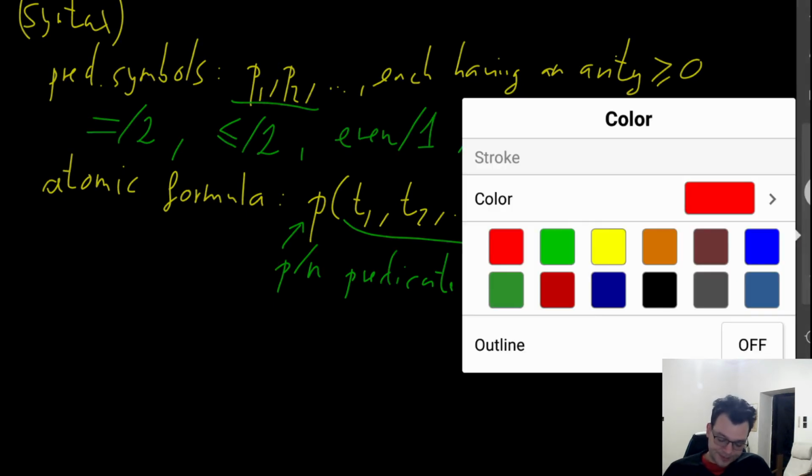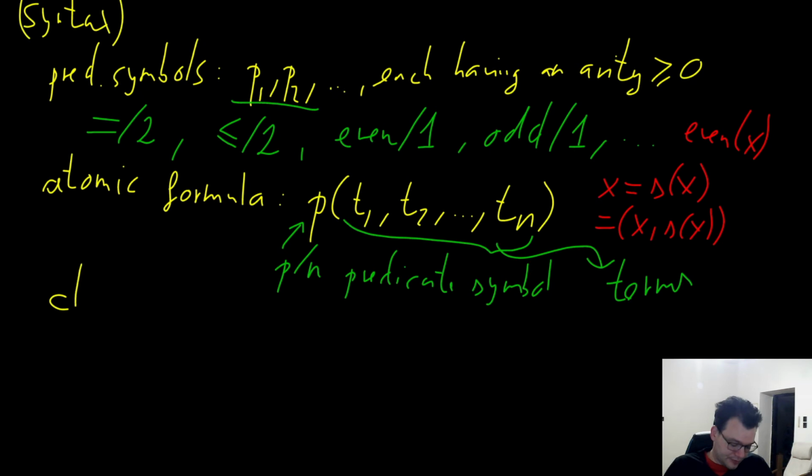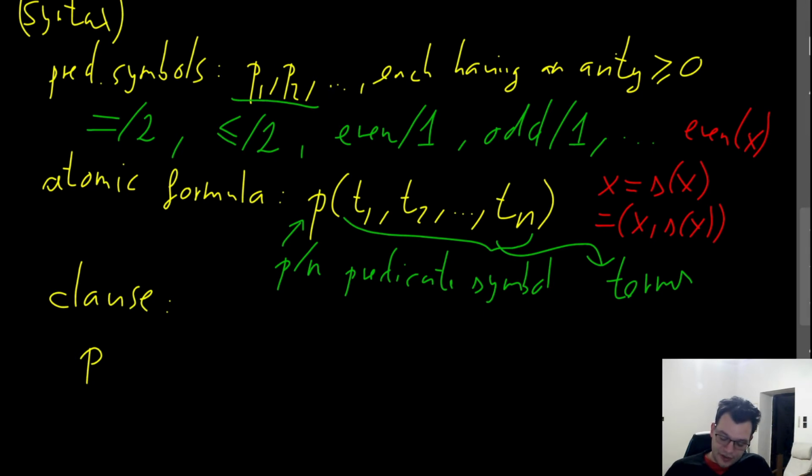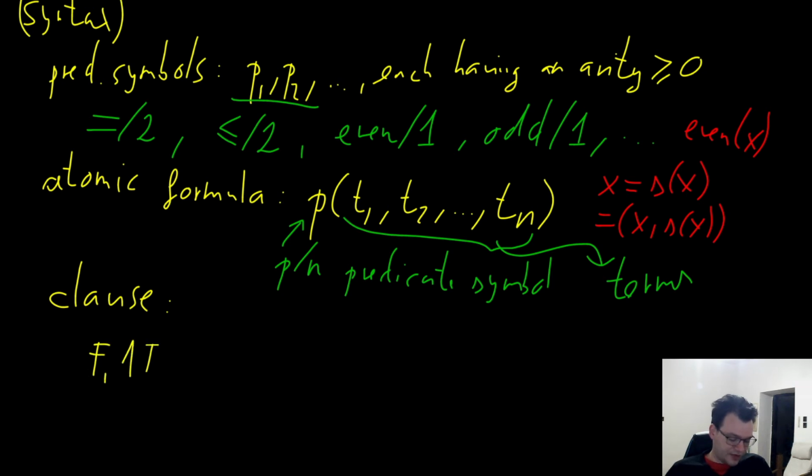And the clause just says: okay, f1 and f2 and so on and fn implies g.